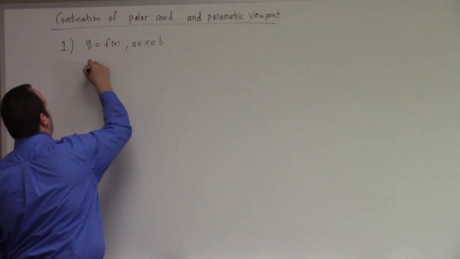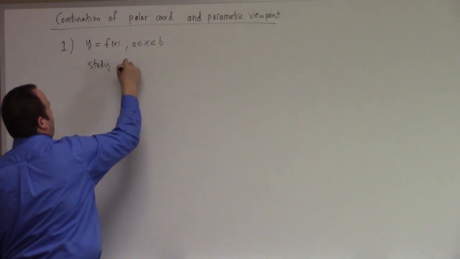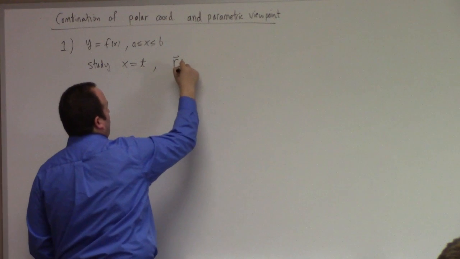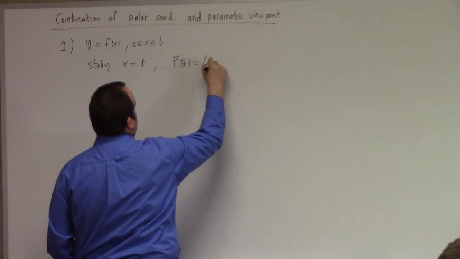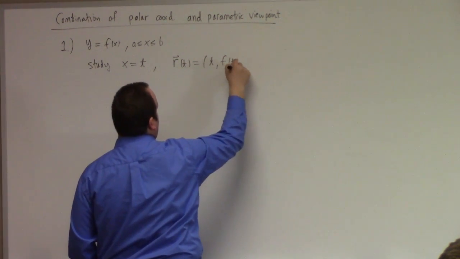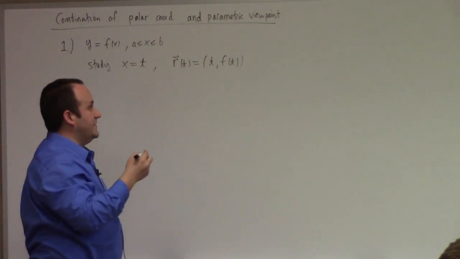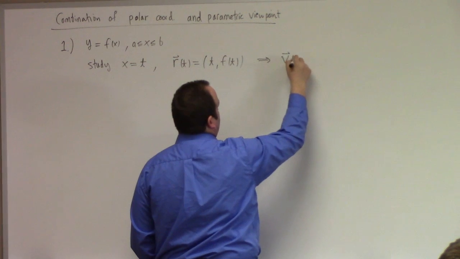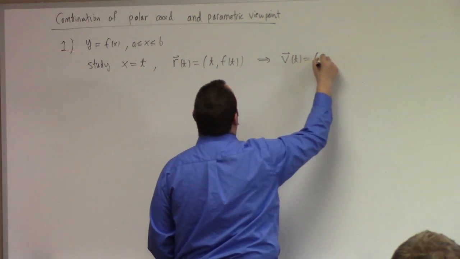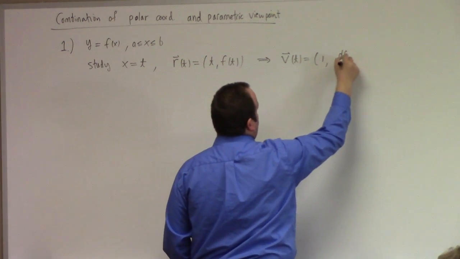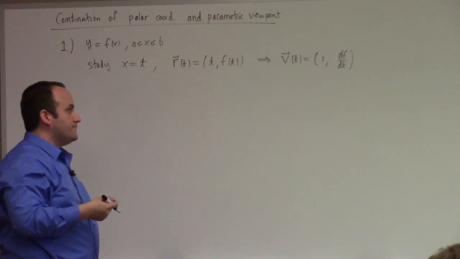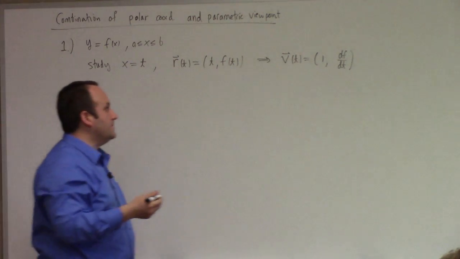You study, basically you set x equal to t, right? So you've got this parameterization r of t, something like t comma f of t, which gives us a velocity of what? The velocity at time t would be 1 and df dt. This is the velocity.